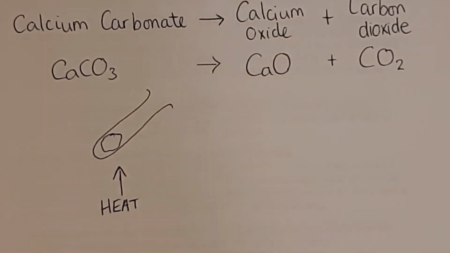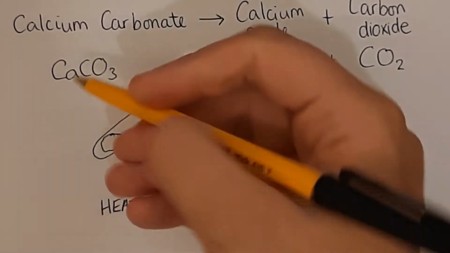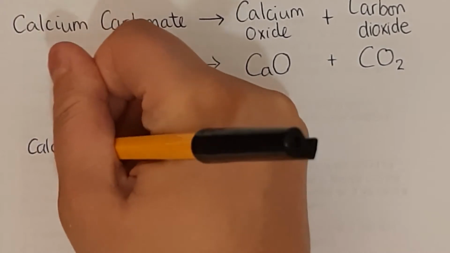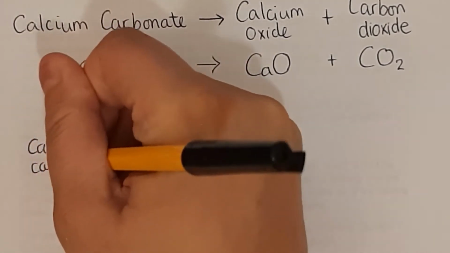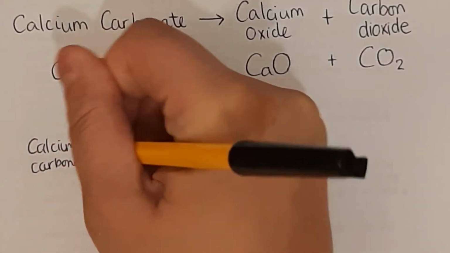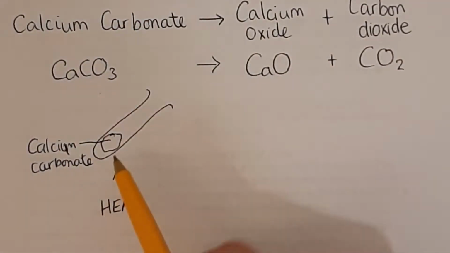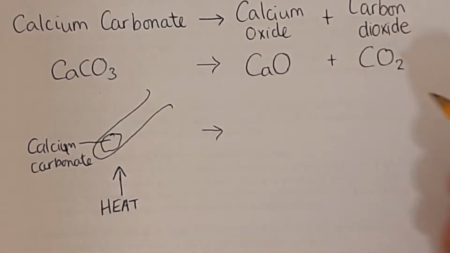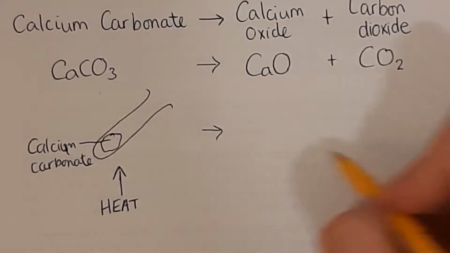And our boiling tube will be heated. Okay, so we'll label it. So we could weigh this calcium carbonate before our experiment. Okay, and then after our experiment, we can weigh it again.